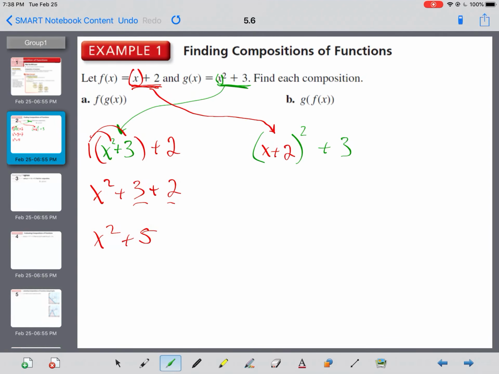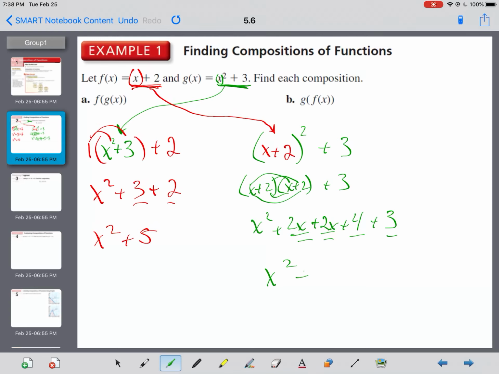And then I'm going to solve this. x plus 2 squared means x plus 2 times x plus 2, and then plus 3. x times x is x squared. 2x, 2 more x, 4, and 3. These are like terms. Those are like terms. So x squared plus 4x plus 7 is your g of f of x.